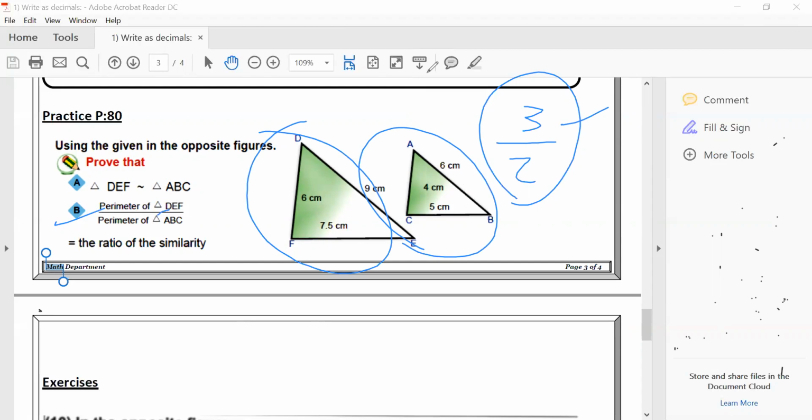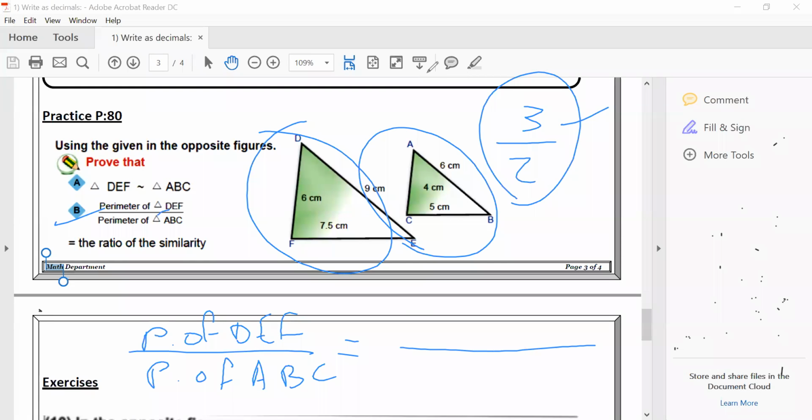Now how to get the perimeter? Also since perimeter of DEF over perimeter of ABC. What's meant by perimeter? Perimeter is adding the 3 sides. So DEF is 7.5 plus 9 plus 6 over 6 plus 4 plus 5.